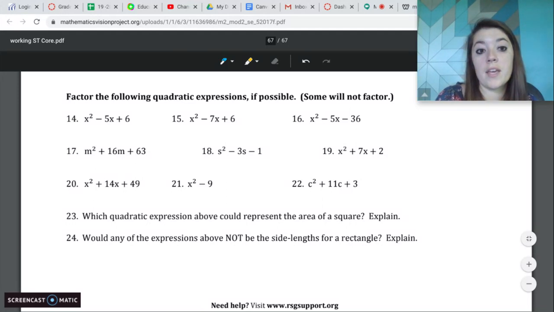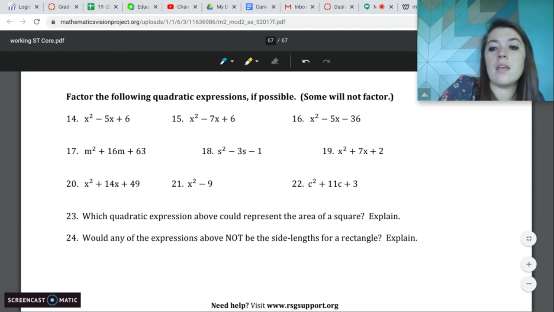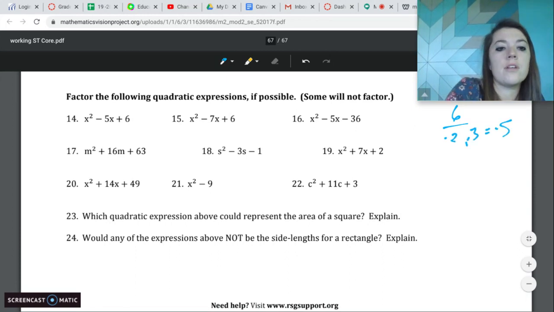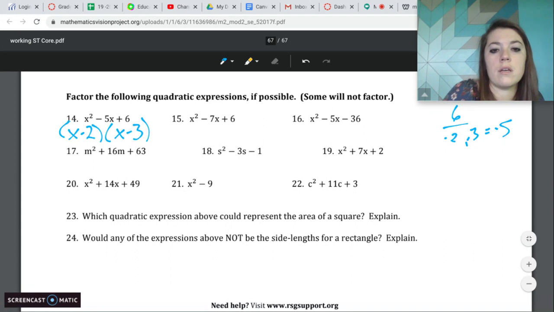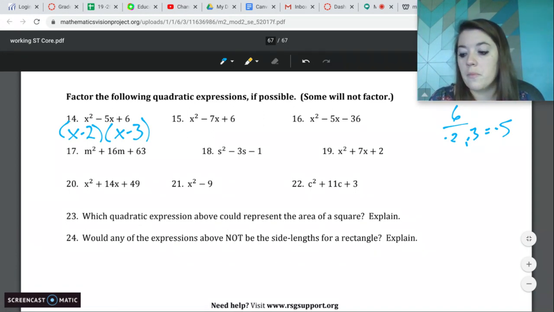Now, some of you might be thinking negative 1 and 6, but notice we have to have 2 negatives because 6 is positive. So that means we need negative 2 and negative 3, which will give us negative 5. So we're going to have x minus 2 and x minus 3. So be careful with that.